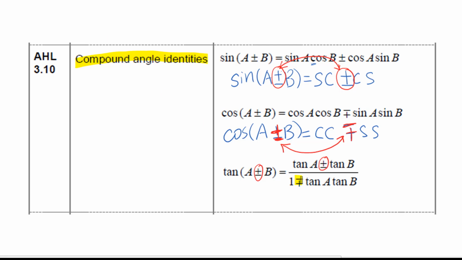This is opposite. Normally for tangent, we switch into sine and cosine. Sine A plus or minus B over cosine A plus or minus B.